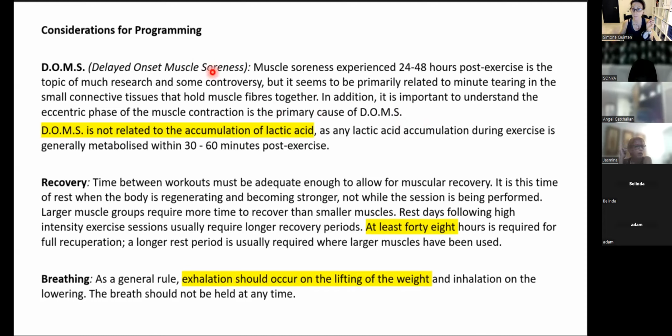Sorry, I have a question. Does it mean the DOMS is the consequence of the anaerobic exercise? Not only the anaerobic. The anaerobic means the accumulation of lactic acid.